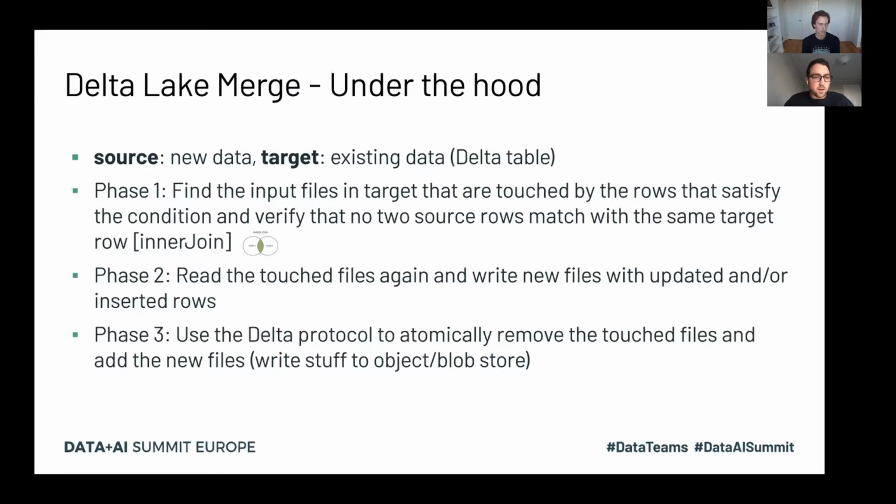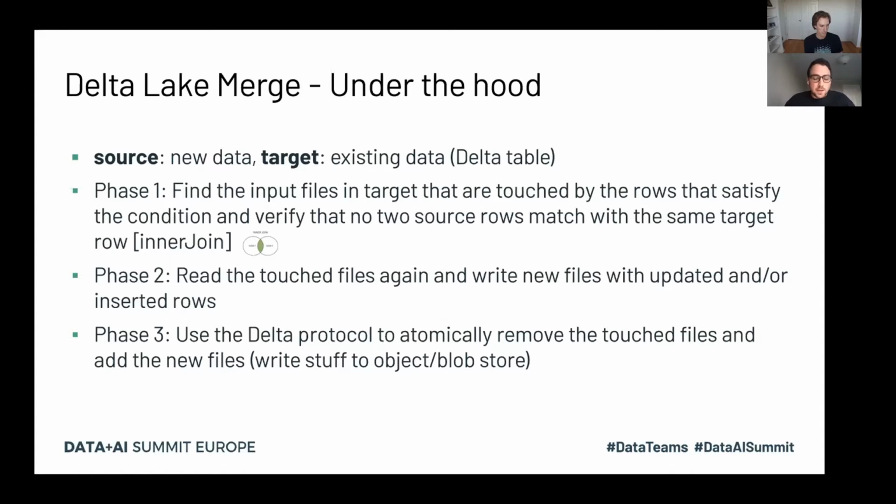The three phases are essentially a join in the first phase, another join in the second phase, and then the third phase, written here sequentially, but really it just completes the Delta commit protocol. The Delta commit protocol is all about identifying what files you touch, changing them in whatever way, whether you're doing appends, deletes, any operation really, and then finally committing those changes if you did really change anything.